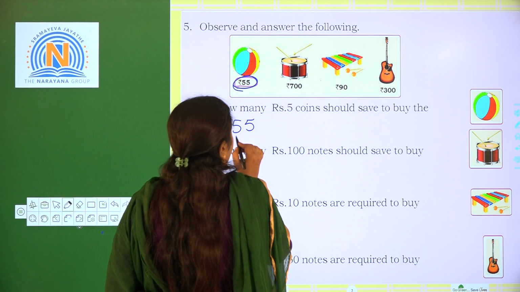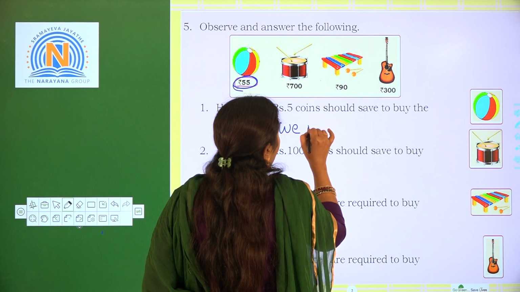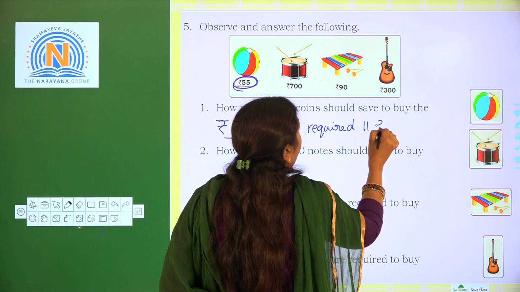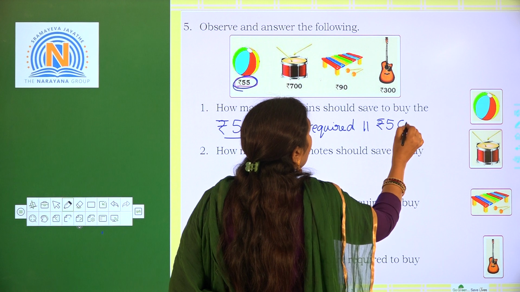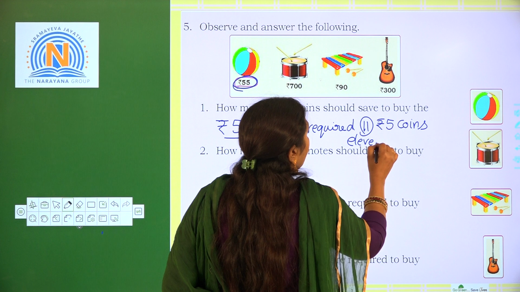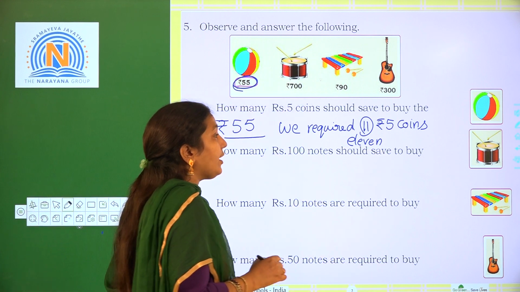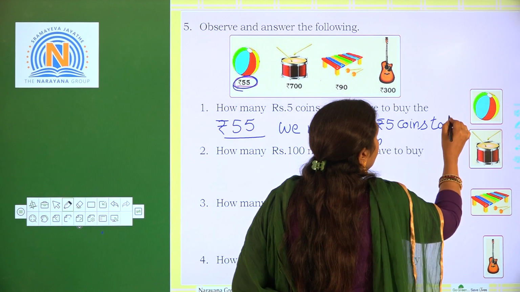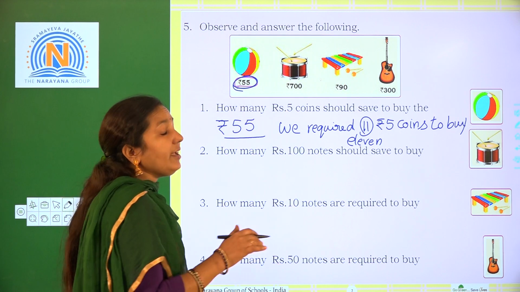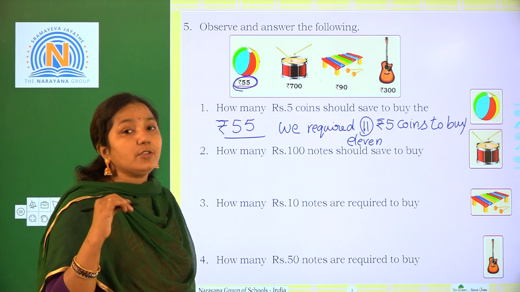We require 11 five rupee coins. 11 five rupee coins are required to buy the ball. Got it? How are we doing that? We have to divide, and we get 11 five rupee coins.